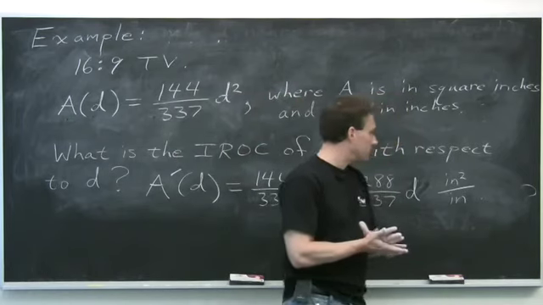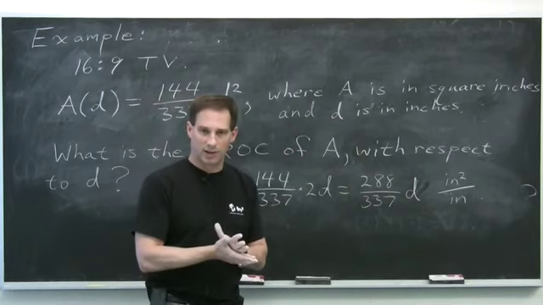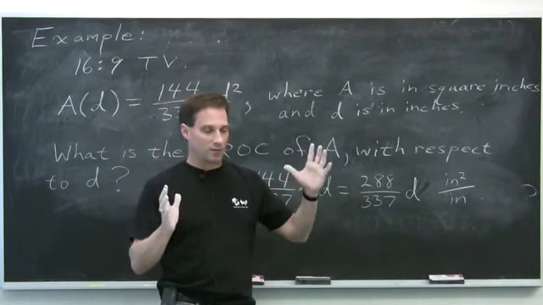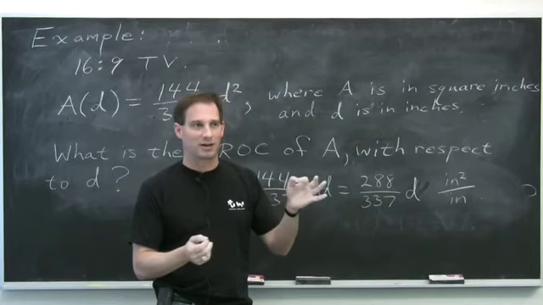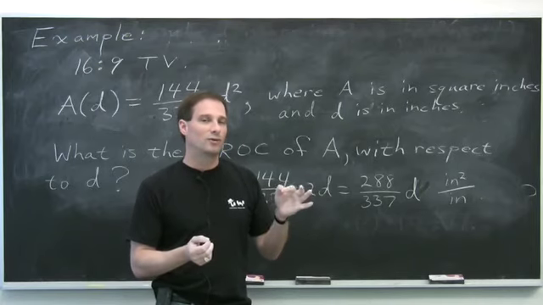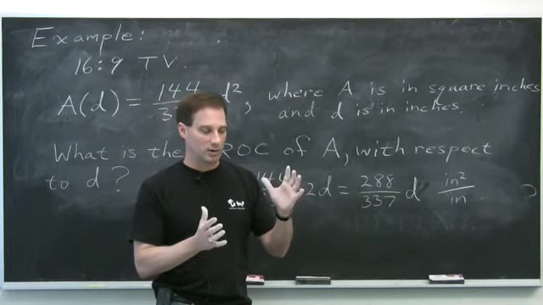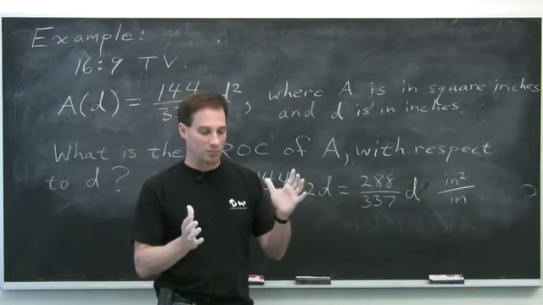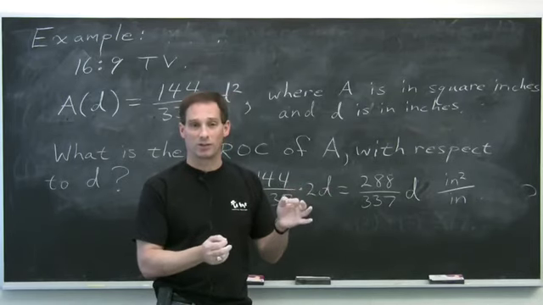But in a way, that's counterintuitive because a lot of us think, like I think, yeah, for a small TV, if you add some inches to the diagonal, it makes a bigger difference. Well, when we think that, we don't really mean a bigger difference. We mean it increases the percentage. As a percentage of your current area, it causes more of an increase when d is small.